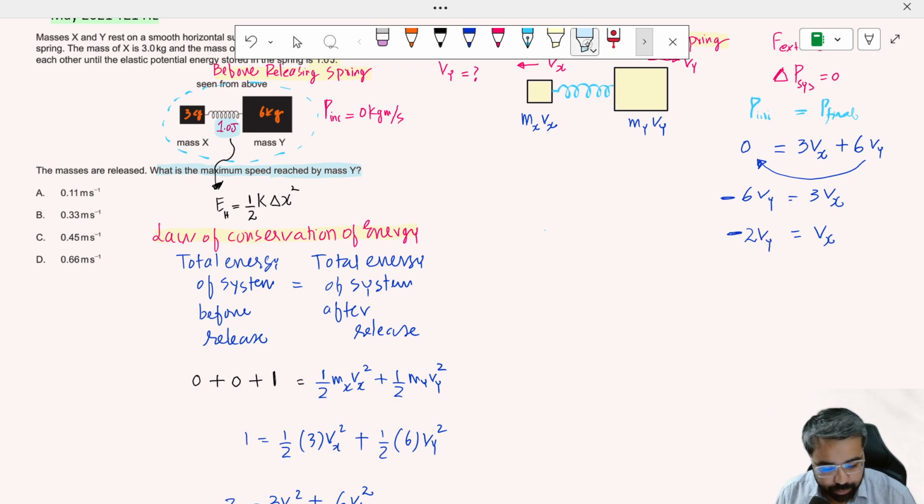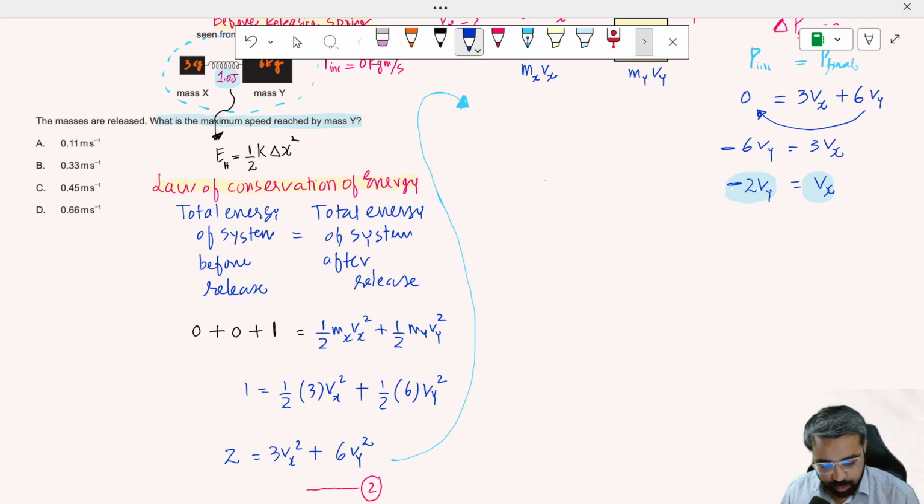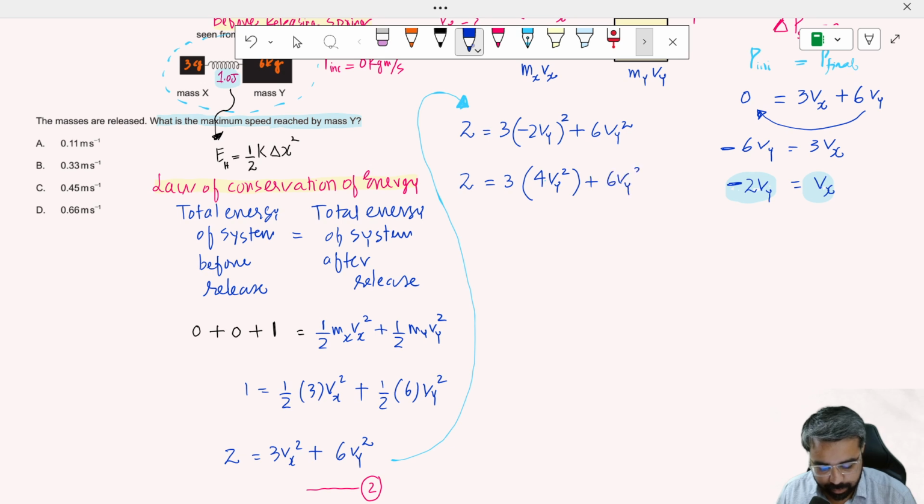So you can put this value in equation 2. Let's put the value of vx, because in that case we can eliminate vx. So 2 is equal to 3 into negative 2vy whole square plus 6vy square. If we solve this algebraic equation, now we have just one unknown, and this will be 4vy square plus 6vy square.